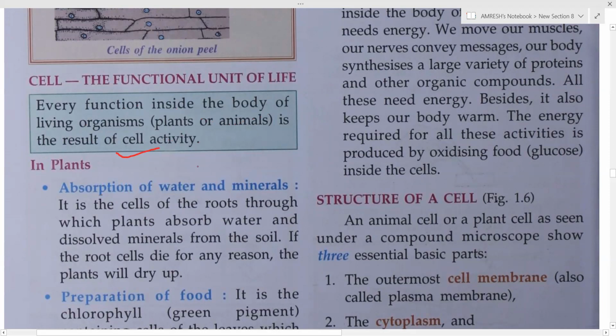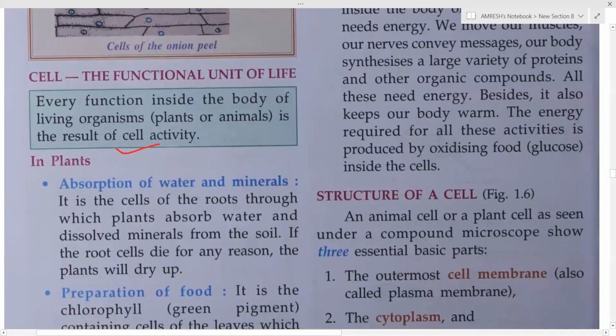Filtration of blood, nephron, cell activity. Impulse transmission, nerve activity. Heart cells, your blood circulation, cardiac muscle cells. So every function in your body is due to the activity of the cell.